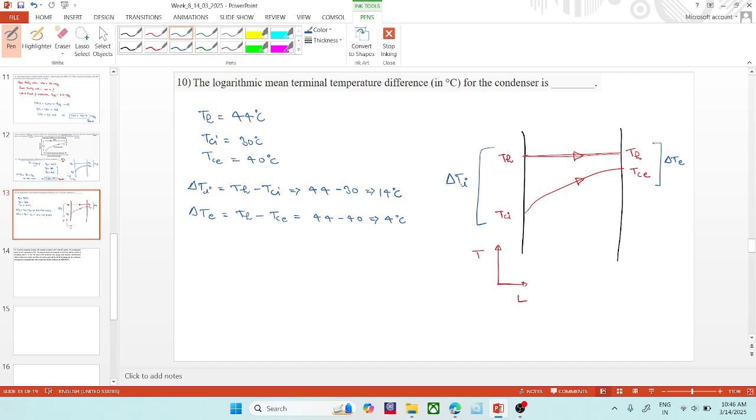And now the expression for the LMTD, the logarithmic mean temperature difference.